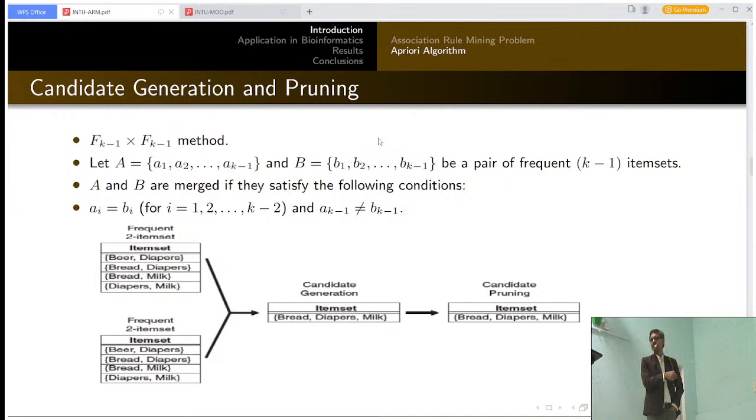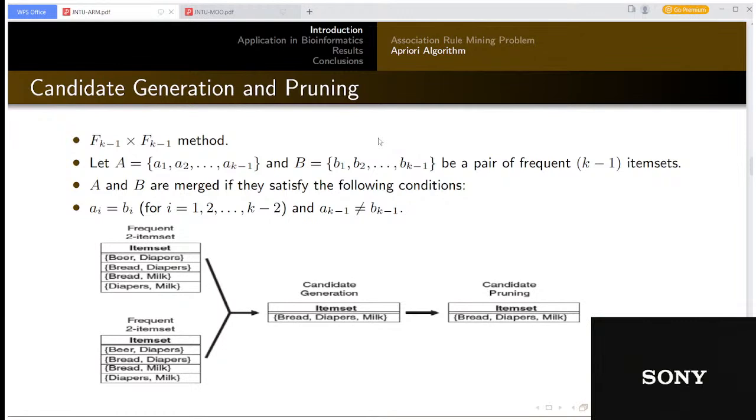These are the two 2-itemsets, so we can combine them as bread beer diapers. This way, no other combinations are necessary. This can be proved. So this further reduces the computations. Only 3-itemsets will be generated, and for these we have to compute the support and find whether they are frequent or not.